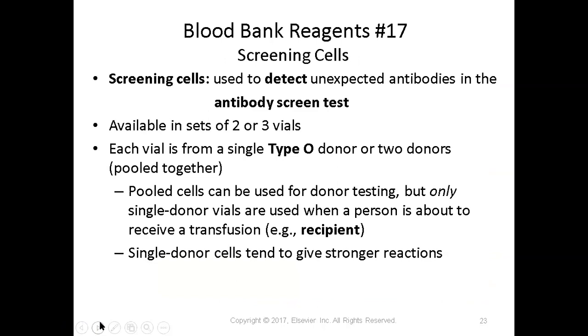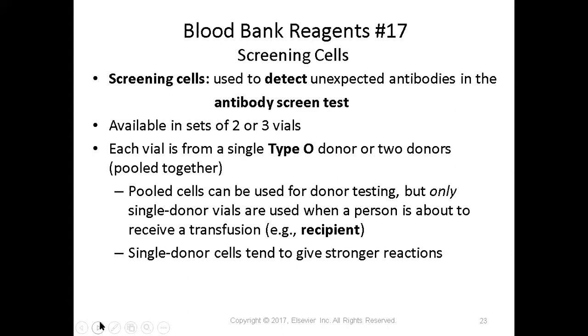So let's move on and talk about some other types of red cell reagents. And these are the screening cells. So as I mentioned to you all a few minutes ago, type and screen is the most common test done in blood banking. And we talked about ABO and Rh type, and this is the second part, the antibody screen. So these are cells we use to detect unexpected antibodies in a test called the antibody screen.